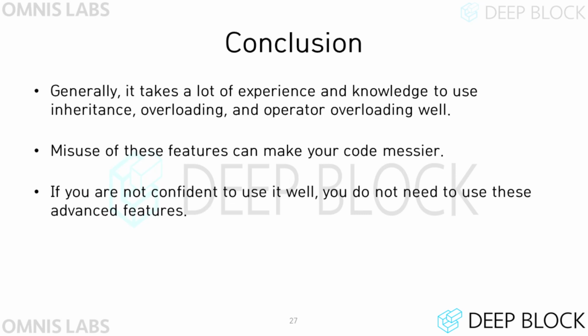In general, it takes a lot of experience and knowledge to make good use of inheritance, overriding, and operator overloading. Misuse of these features can lead to many bugs in your code or poor readability. So, if you're not confident enough to take advantage of these features, it's better not to use them.